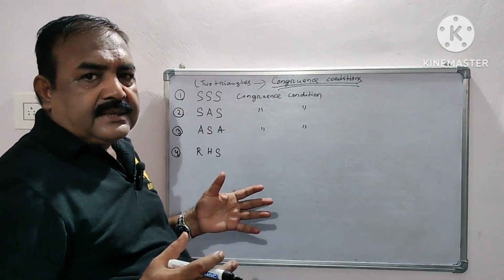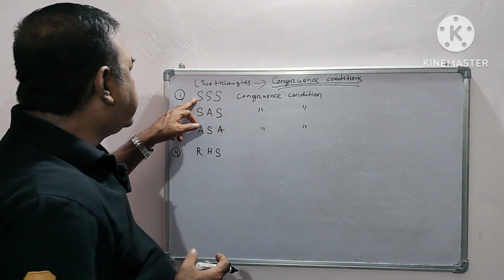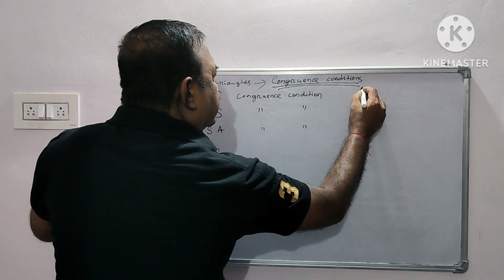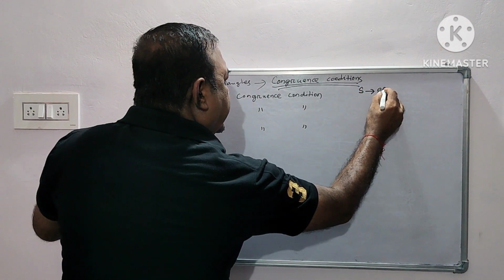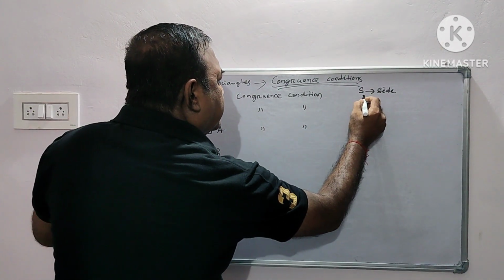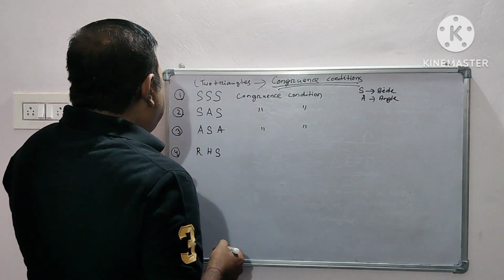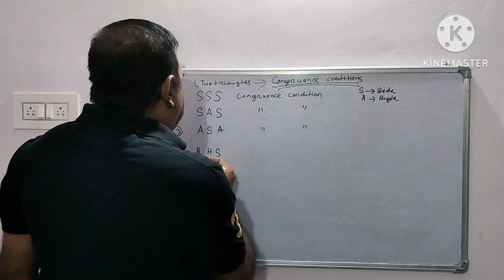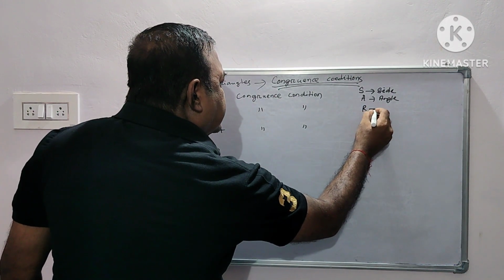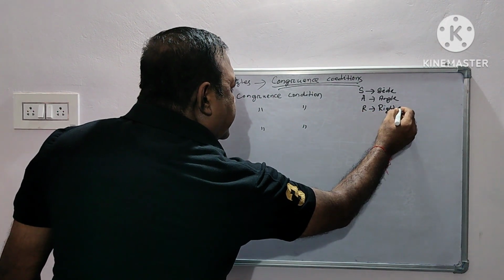We see the sides and angles in the triangles. S stands for side. We have 3 sides in a triangle. A stands for angle, already we know it. And RHS: R means right angle, that measures 90 degrees.